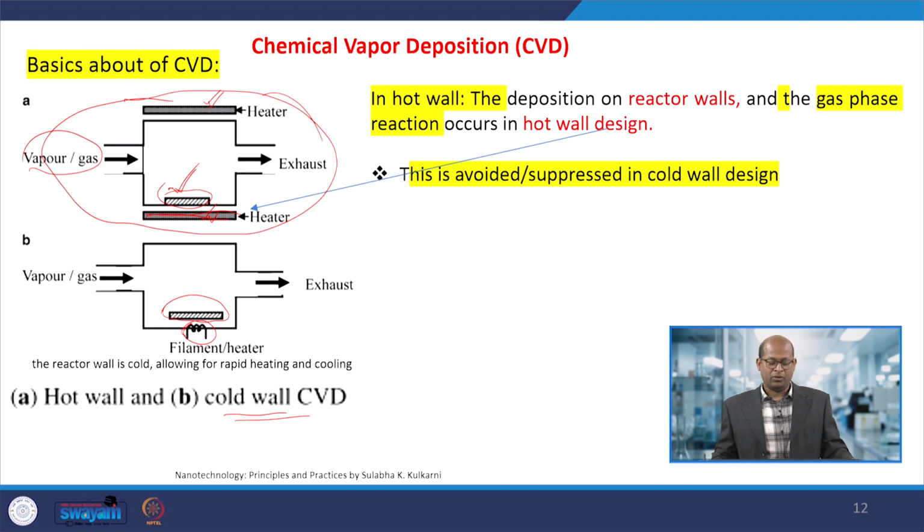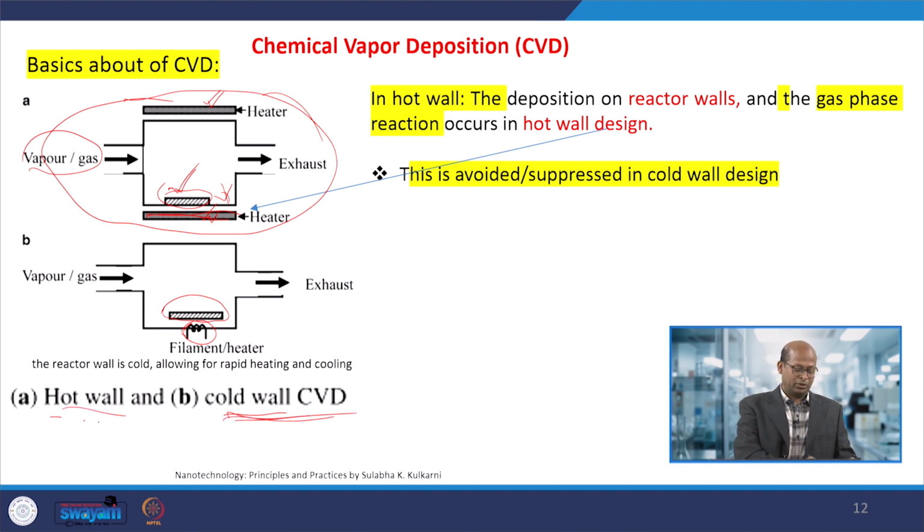So in this hot wall CVD, deposition on the reactor walls is a possibility. Whatever gas phase reactants there are would be deposited over the surface of the hot walls, and in the case of cold walls, that type of deposition of nanomaterials or nanofilms we can avoid by using cold wall CVD.